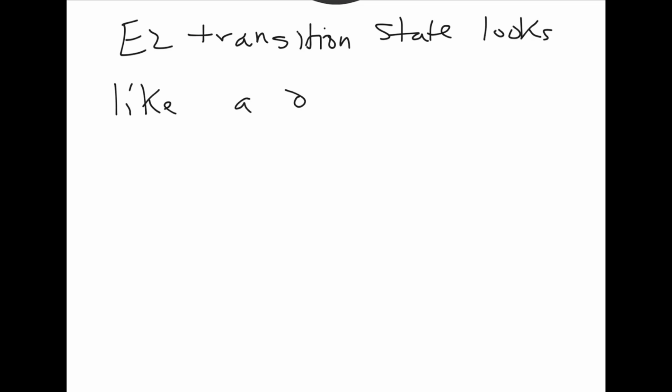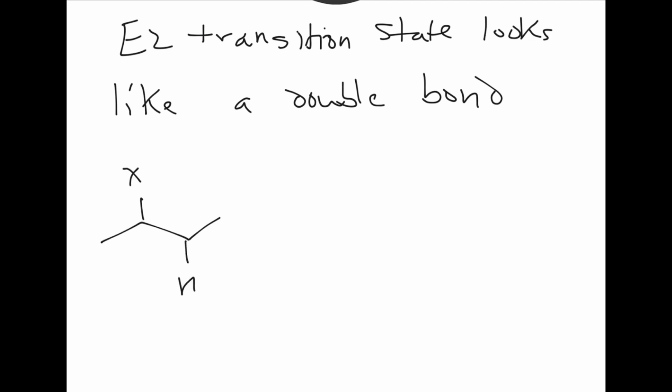So the E2 reaction transition state looks like a double bond. So, right, if we think about our mechanism, it's one step. We have our base, grabs the hydrogen, electrons come over, right?